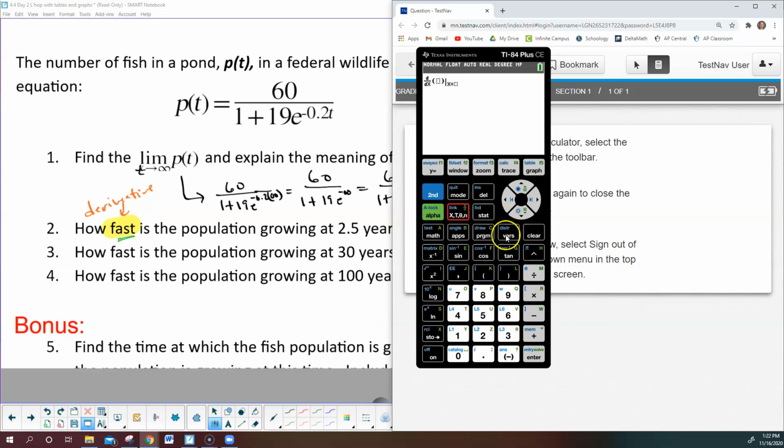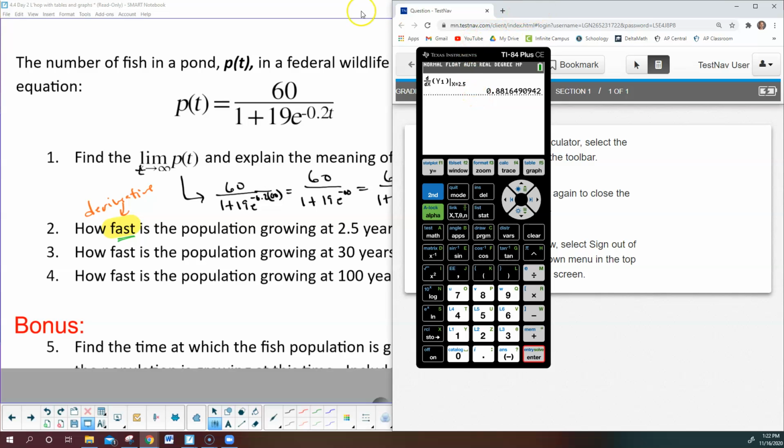I could hit the vars button, which is right next to the clear. And then if I scroll over to the right and look at function, there's y1. So anything I put in y1 can be logged in. And that's just what I did, is I put in y1 here. And then I want the derivative at 2.5. When I hit enter, it gives me the exact same answer I did with a graph.